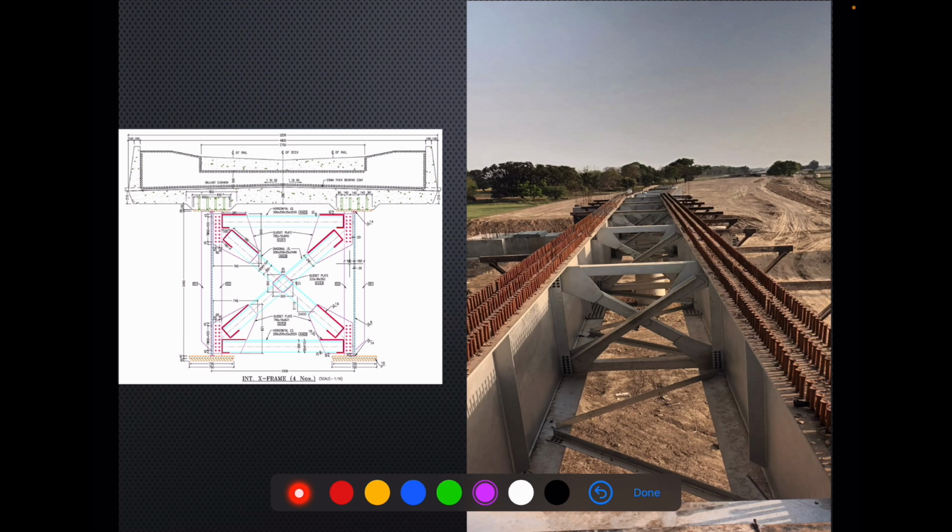But if we talk about the intermediate arrangement, we have intermediate cross frames quite similar to the plate girders. The only difference here is that we do not have top lateral bracings in the composite girders, whereas in plate girders we had these top lateral bracings also.